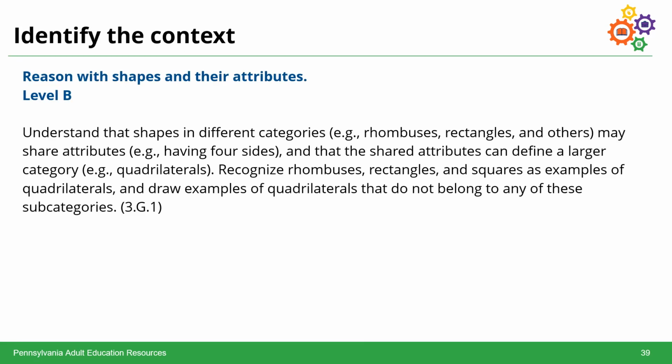Let's revisit the standard once again to identify a context in which students are required to apply the skills and concepts of the standard. The context is the circumstances in which the skills and content of a particular standard should be used. For example, writing a memo, solving a problem, or reading a document.